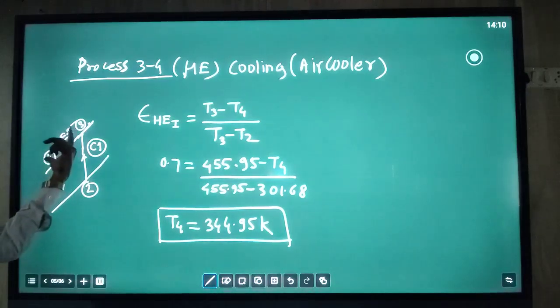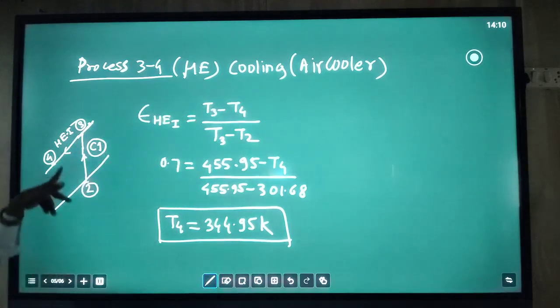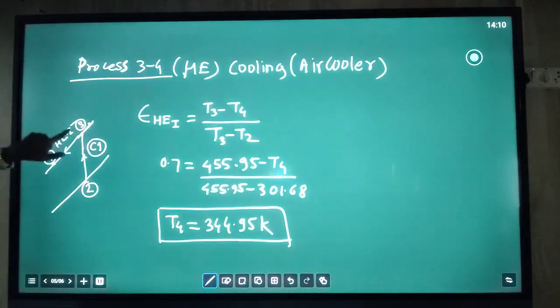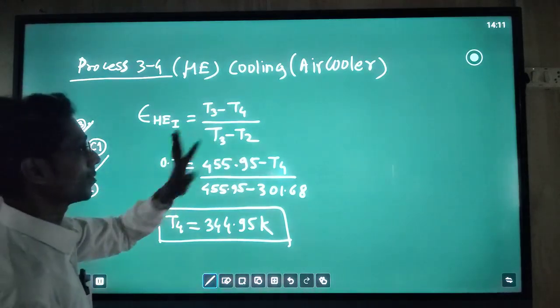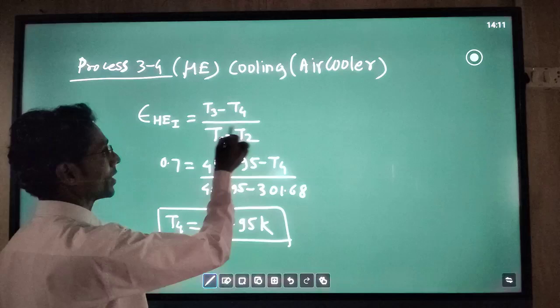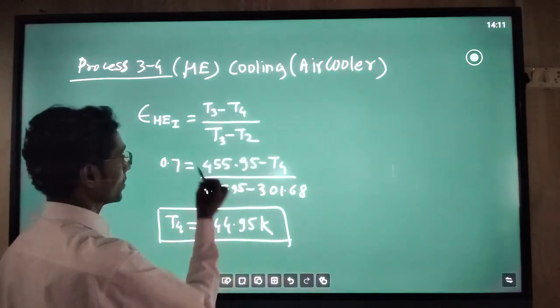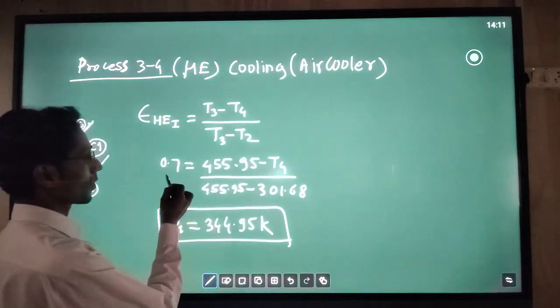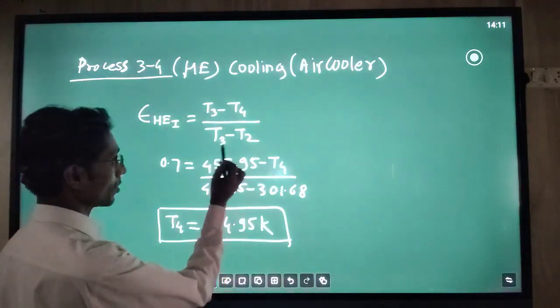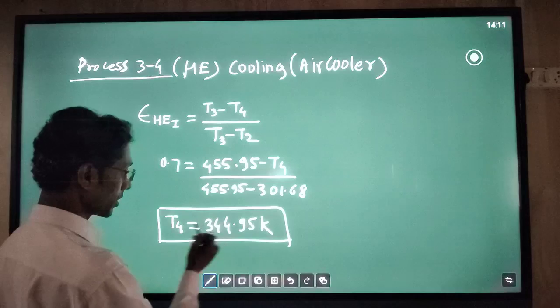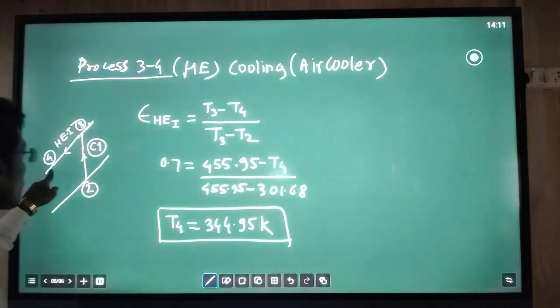So the outcome is T3 minus T4, divided by T3 minus T2, since temperature is raised because of compressor 1 from point 2 to point 3. So this is the output and this is the input in the effectiveness formula. Here effectiveness is given as 0.7. T3 and T2 are both calculated and T4 is unknown. By putting these in, we find the value of T4.